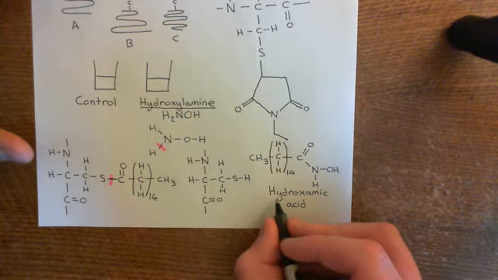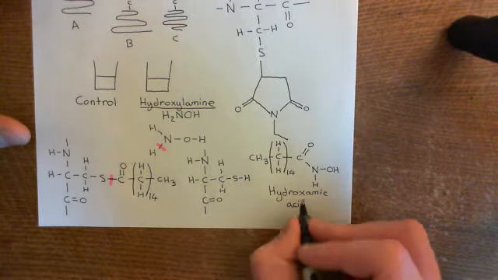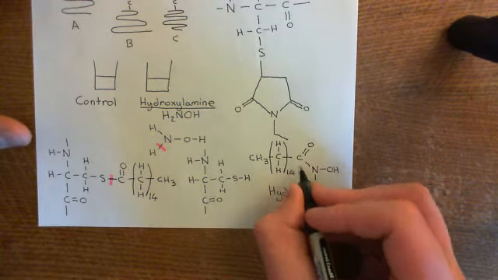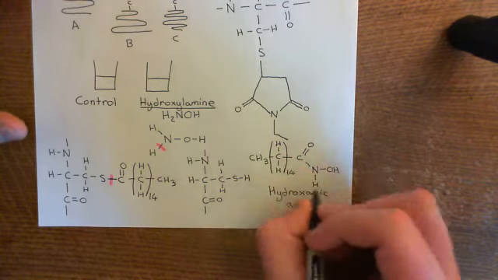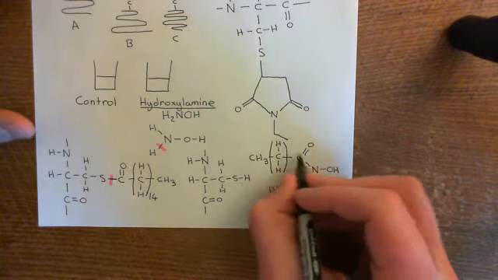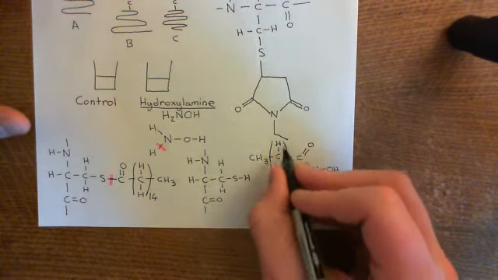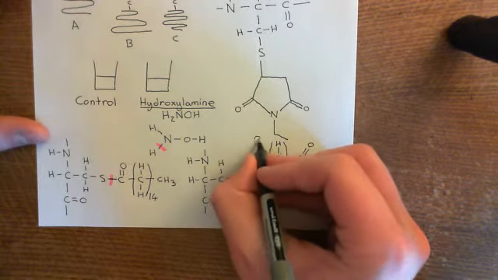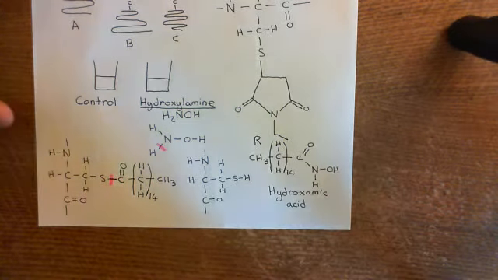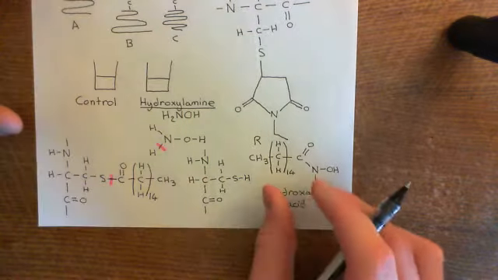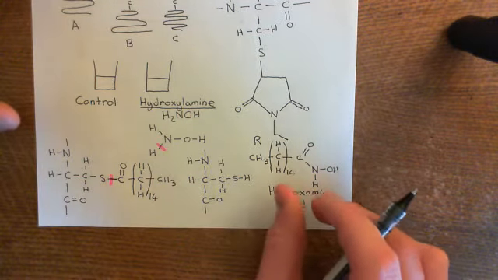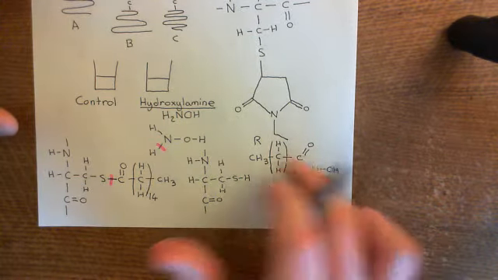Now I want to stress that this name, hydroxamic acid, is not specific to this molecule. This is just the name of what this generic type of molecule is. You could replace this 15 carbon tail with any old R group and it would still be referred to as a hydroxamic acid. So this byproduct is a hydroxamic acid. Okay, now that's not very important.